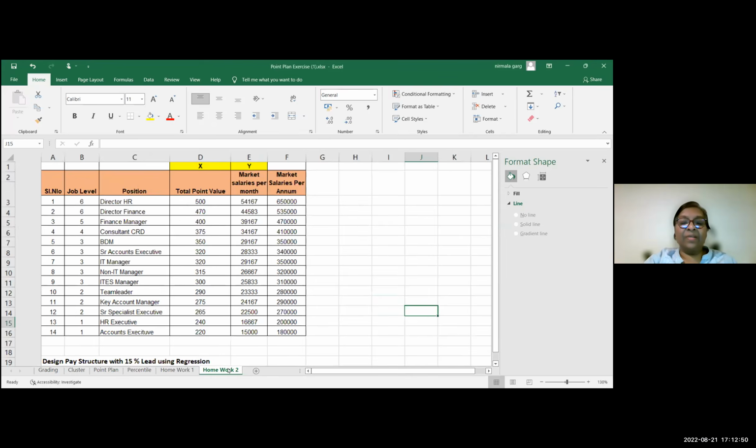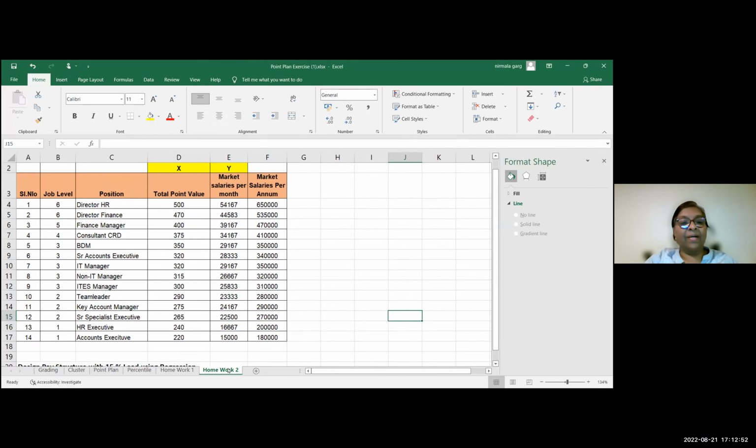See, I'm actually using another data because one group has data and one group has assumed, but nevertheless. So say for example, these are the 14 positions. You have this data with you because you will be working on this. Now, these are the point values, just as the way you have done point values.